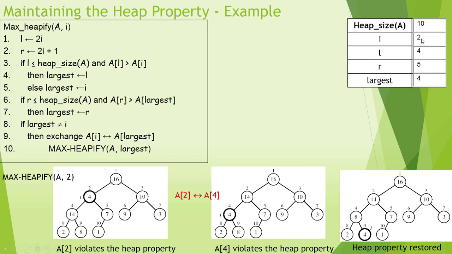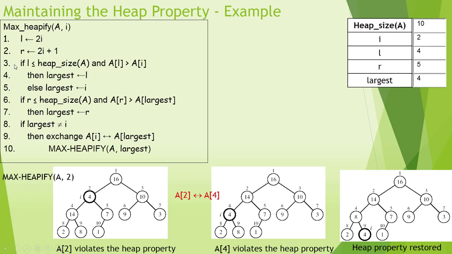I value is 2. Then I calculate L. L is nothing but the index position of the left child. So we already studied, if I is given, the position of the left child will be 2i. So L is 4. So we know how to calculate the root of the right subtree, that is 2i plus 1, that is 5.